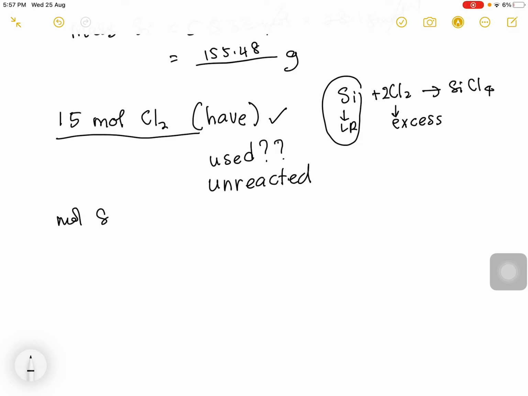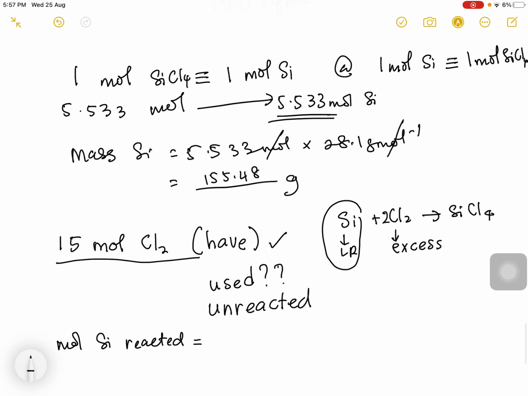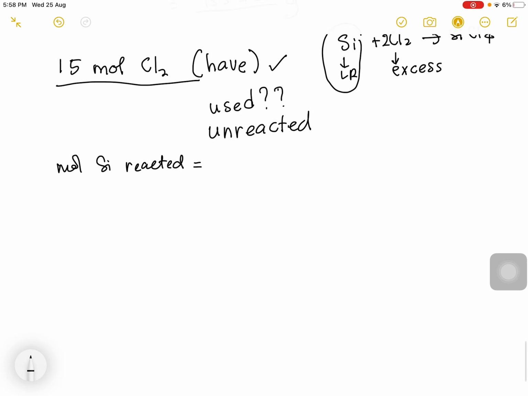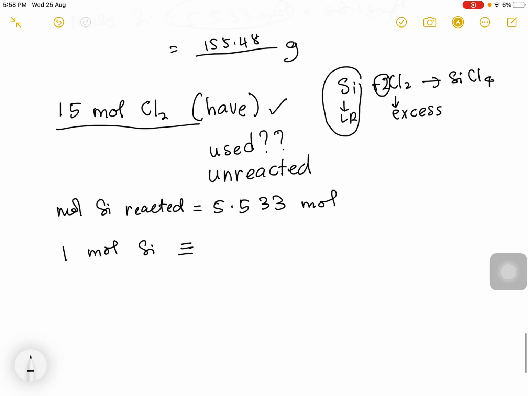The mole of silicon reacted, we already calculated earlier, is 5.533 mol. From the balanced equation, 1 mole of silicon will react with 2 mole of chlorine.